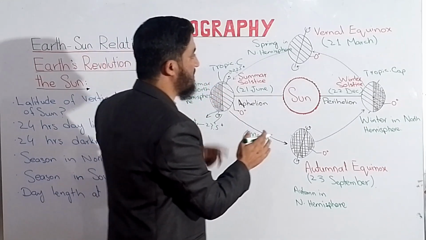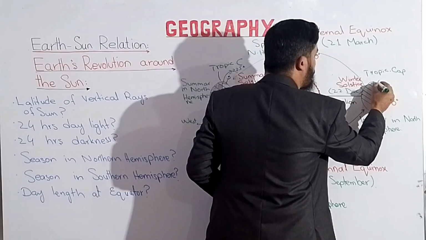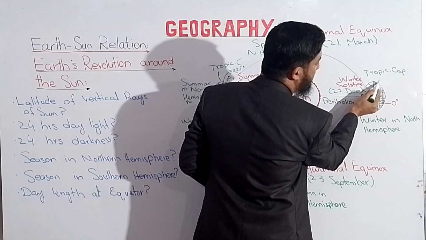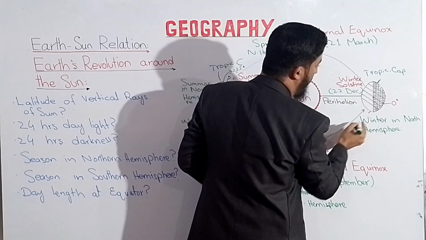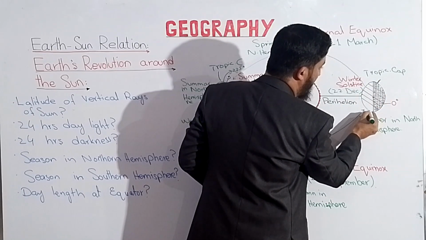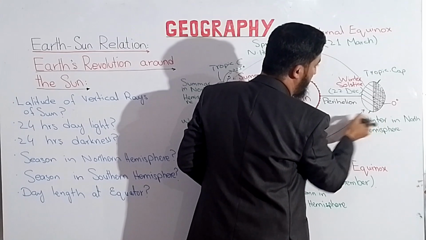And in opposite to this, जब हम इस तरफ देखते हैं, इसका साउथ पोल बिल्कुल डार्कनेस पे आ रहा है, the north pole comes in the darkness, while its south pole comes in the light.